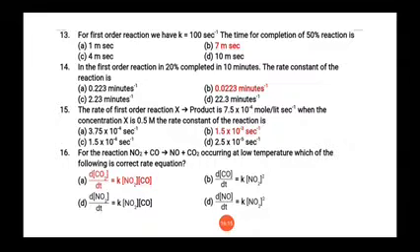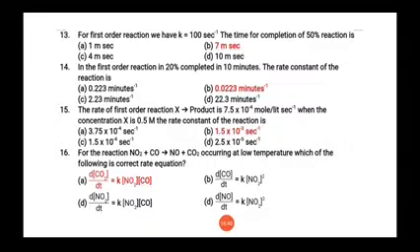Question number 13. For a first order reaction, we have K is equal to 100 second inverse. The time for completion of 50% reaction. Students, half life for a first order reaction, we know that T1/2 is equal to 0.693 upon K. So it will be 0.693 upon 100.